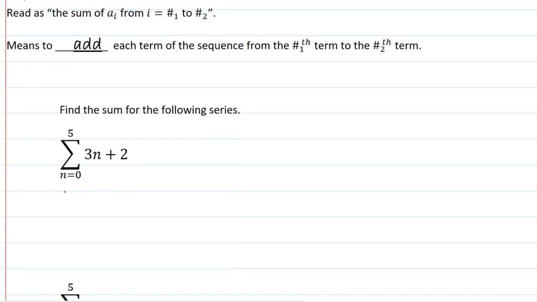Here we have the summation of 3n plus 2 from n equals 0 to 5. What we're going to do is find the first 6 terms starting at n equals 0.